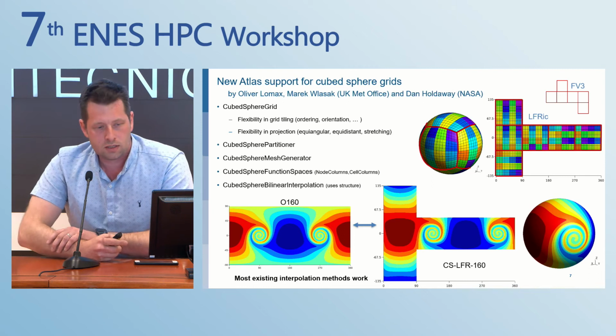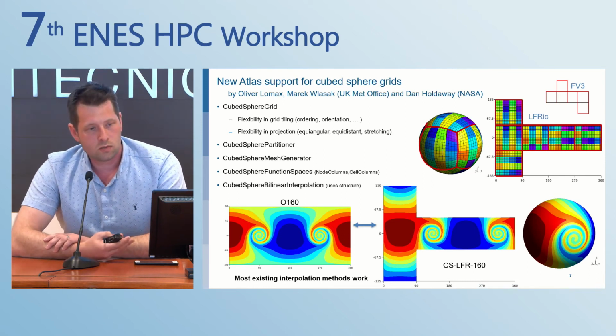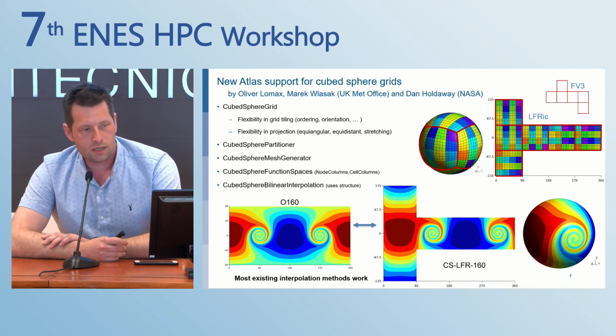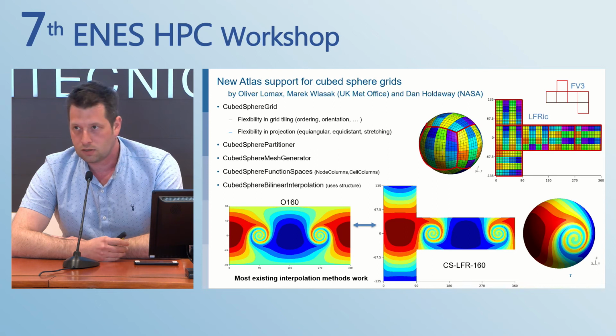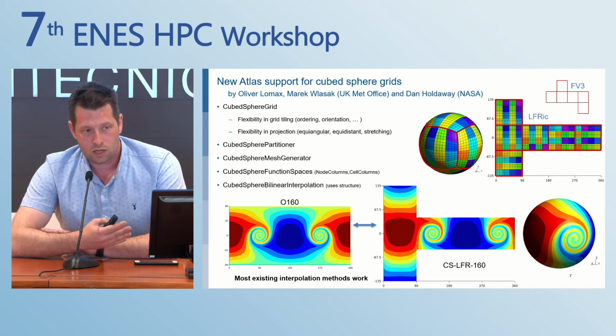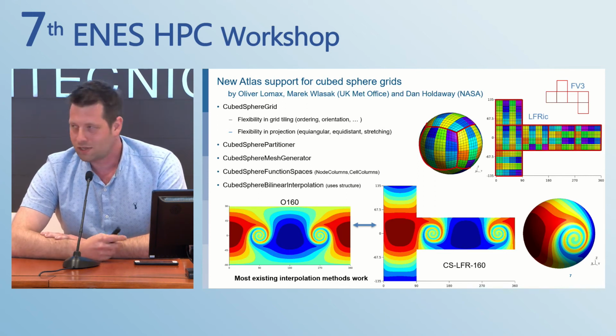So I mentioned that it's about new development, so I'm highlighting now what is new, and what is new is the cubed sphere grid. This has been developed by Oliver Lomax, Merrick Rasak from the UK Met Office, and initiated by Dan Holdaway from NASA. So the reason is that at the Met Office they use cube sphere grid in the LFRic model, and FV3 is also using a cubed sphere. But everybody has a slightly different definition of a cubed sphere.